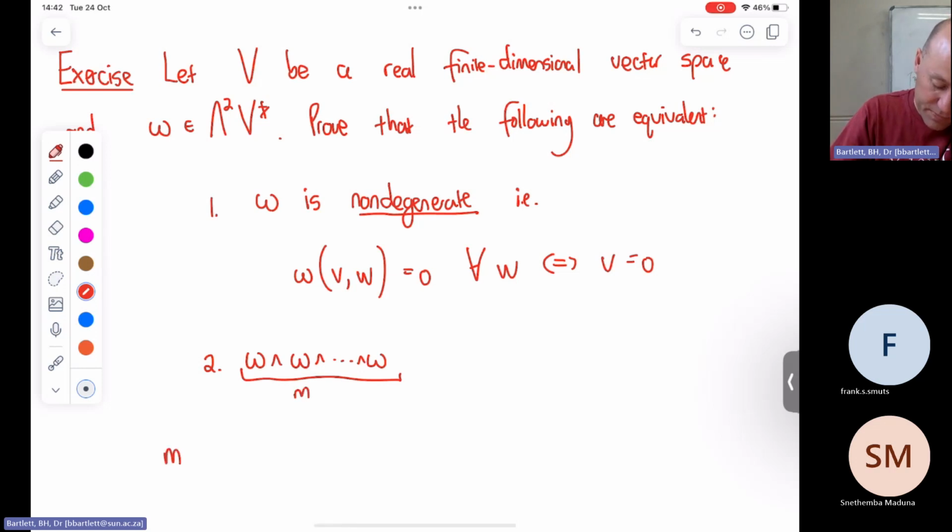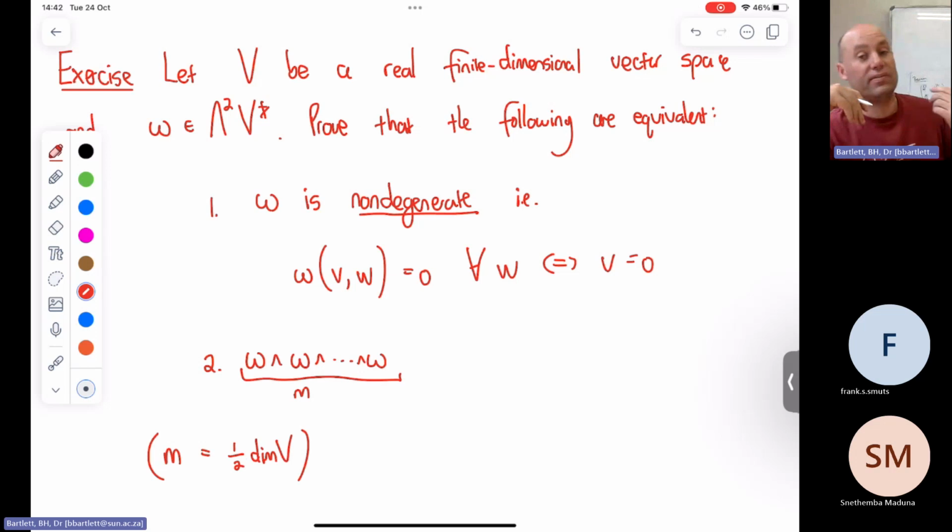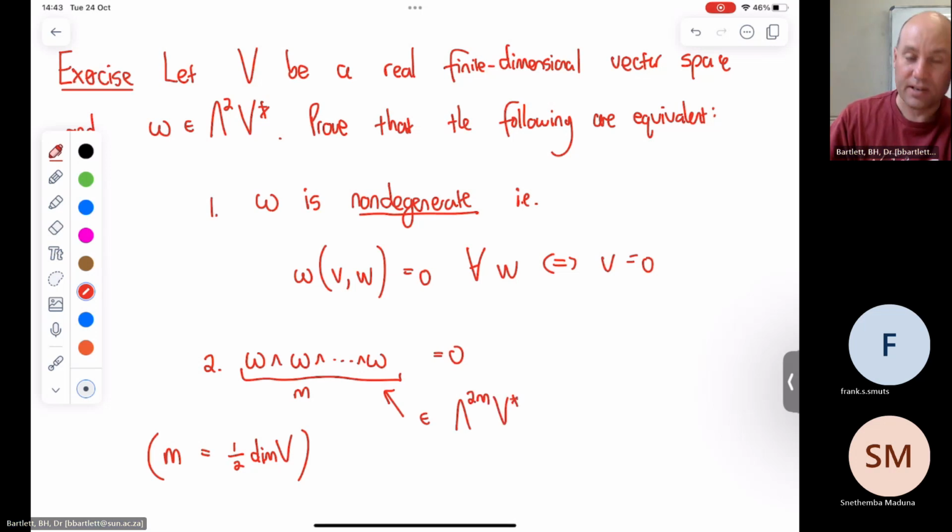And what is m? M is half the dimension of V. It'll turn out, when you do this exercise, that V has to be even dimensional. So this guy here, where is this guy living? This guy is living inside the 2mth wedge of V star.